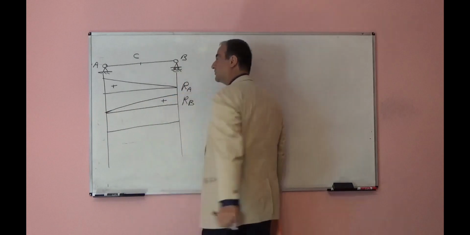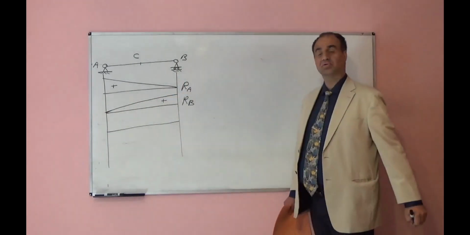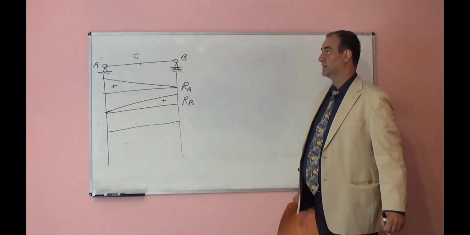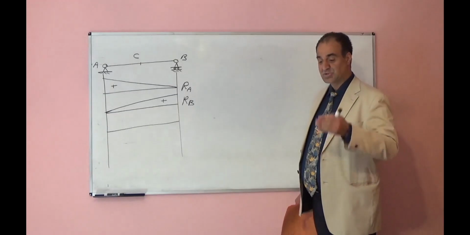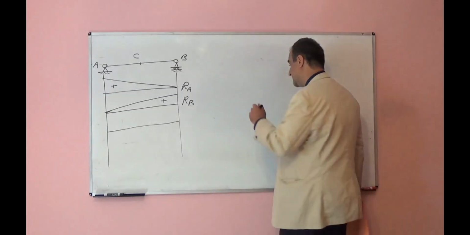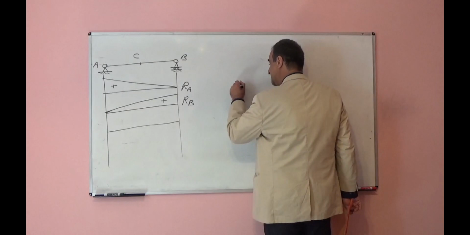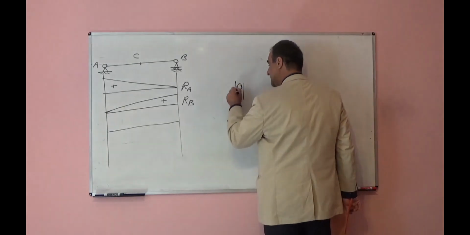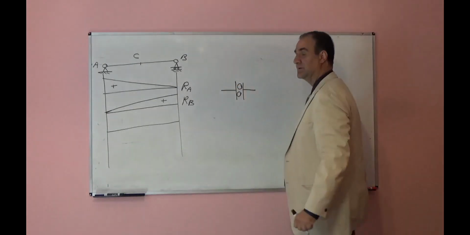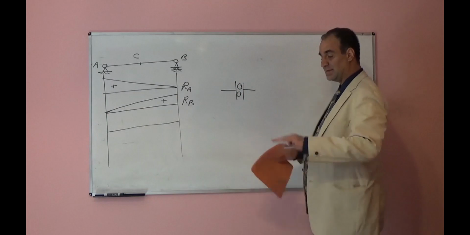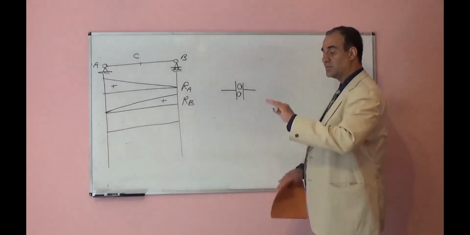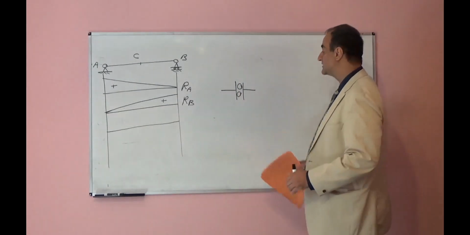Shear force at point C. In order to cancel shear force in any location, if we use this kind of connection, left and right, they can move with respect to each other in vertical direction.